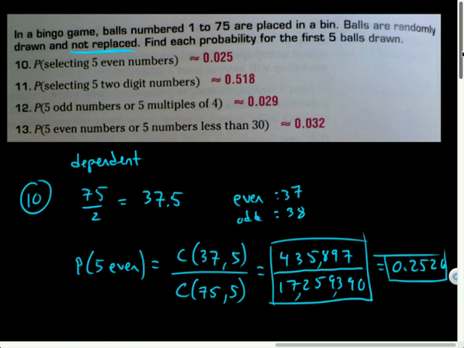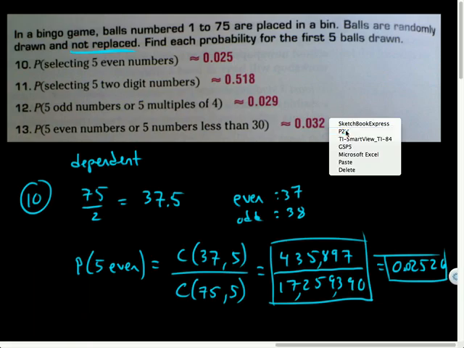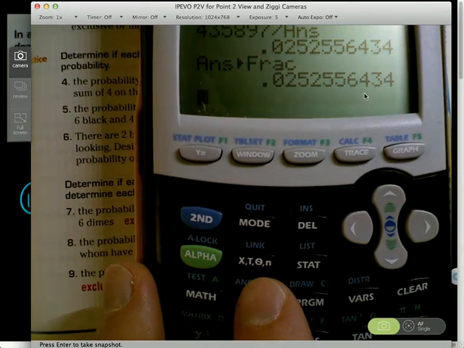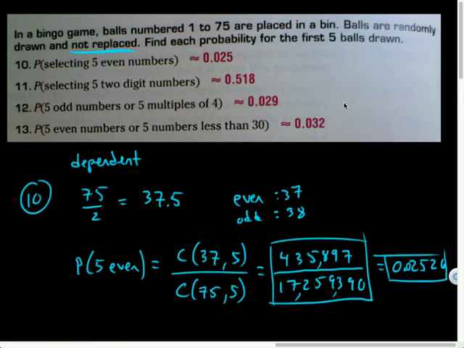My answer's wrong. Wait a minute. Oh, there is a 0 in front of this. Sorry. Good call. Just to verify I'm not just making stuff up, there it is on the calculator. Right there. There we go. I'm not just fudging this. Yeah, 0.025, sure.